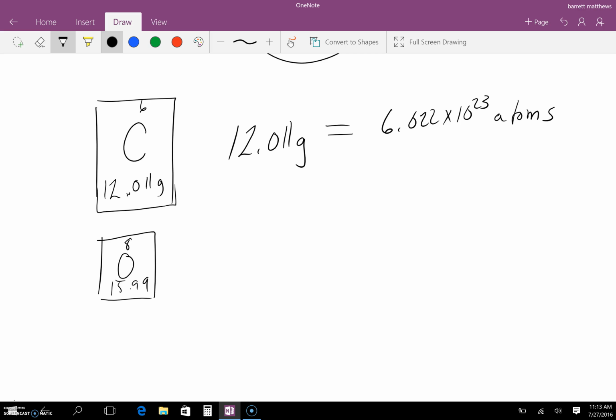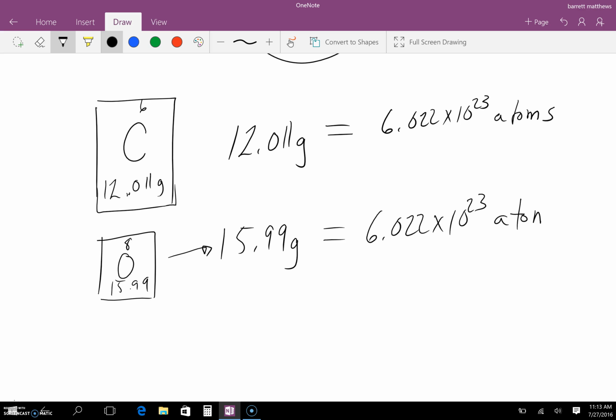Same is true for oxygen. Oxygen has a mass of 15.99 grams. So that means every time I have 15.99 grams, I have 1 mole of oxygen, and I have 6.022 times 10 to the 23rd atoms of oxygen.